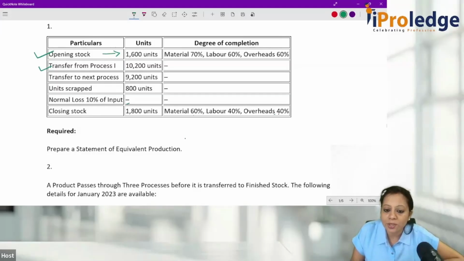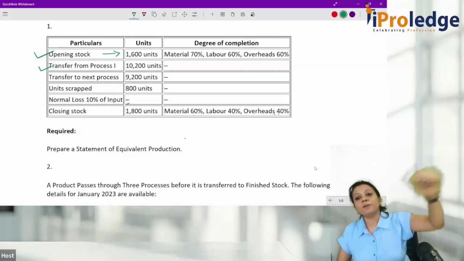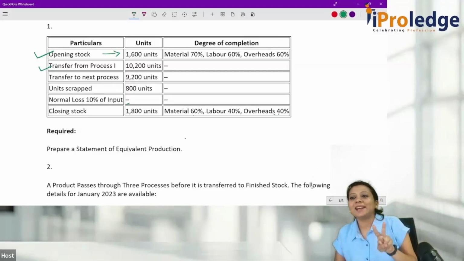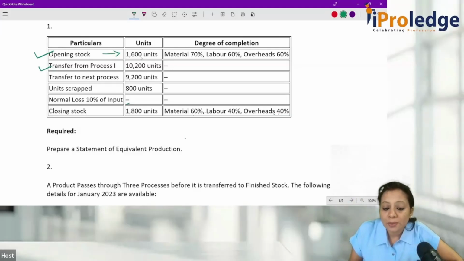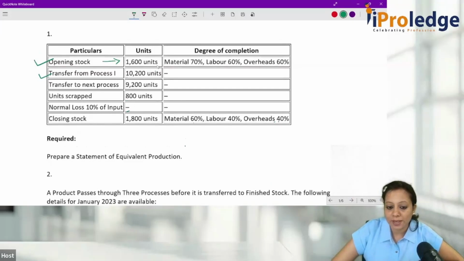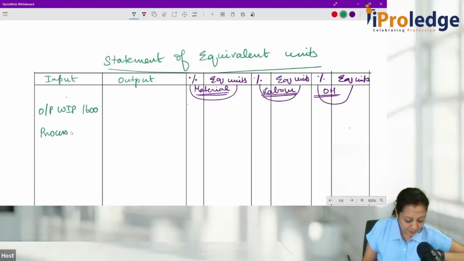That means, can I say these two are the inputs? Right, everyone? So we are in which process? Indirectly, they are saying second process. Are you all understanding now? So 1,600 is the opening WIP and input from process 1 is 10,200.